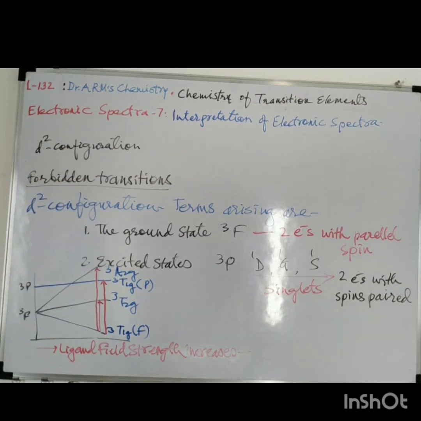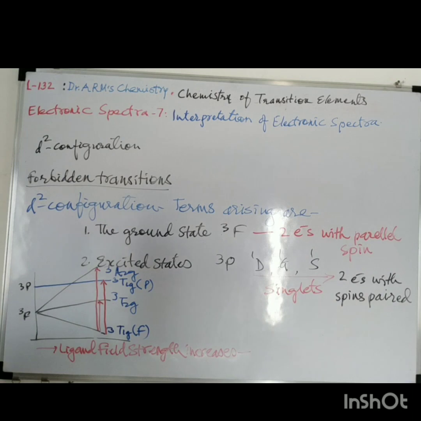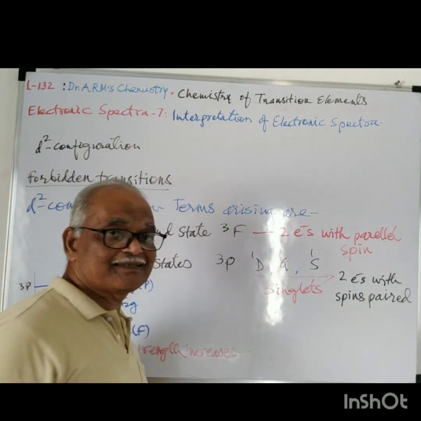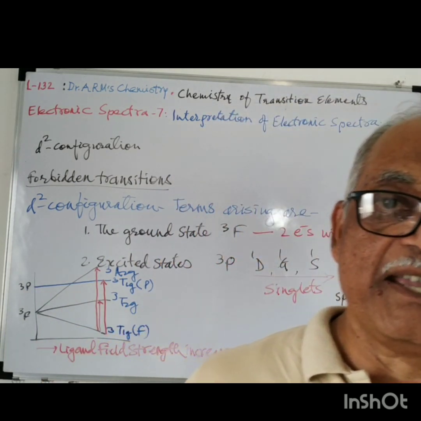We can show these transitions: the 3P and 3F states are shown here, but the singlet D, singlet G and singlet S states are not shown because these are forbidden. Why?